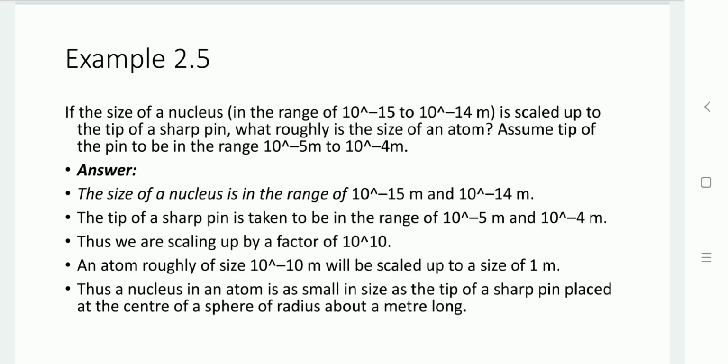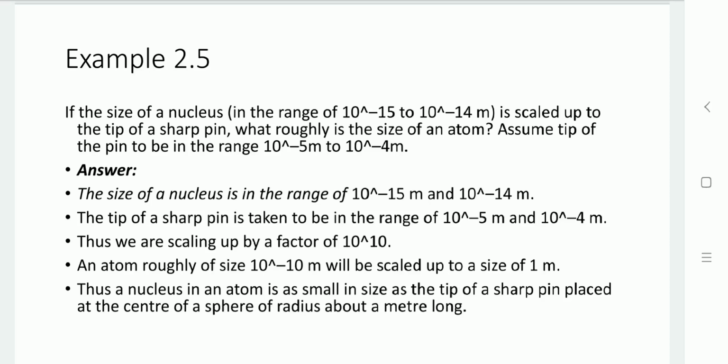So here the nuclear size is given. This nuclear size is 10 raised to minus 15 meter to 10 raised to minus 14 meter. We are going to scale up to the range of 10 raised to minus 5 meter and 10 raised to minus 4 meter. So here the difference is there.